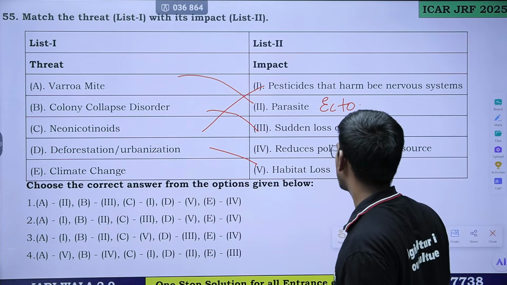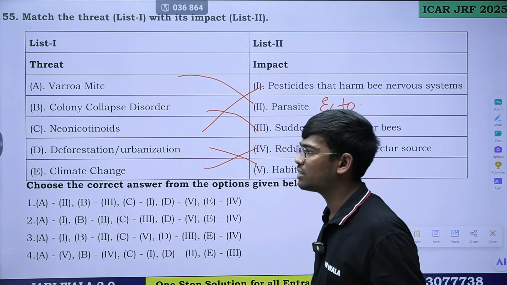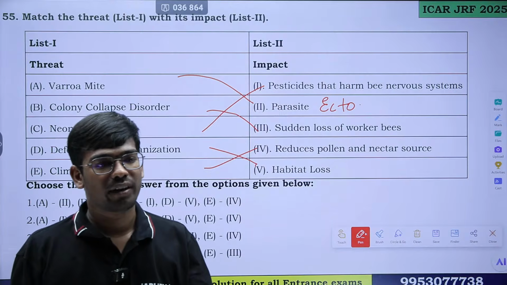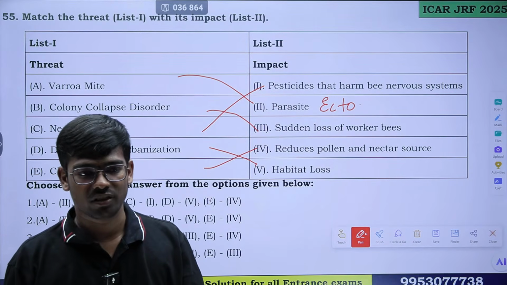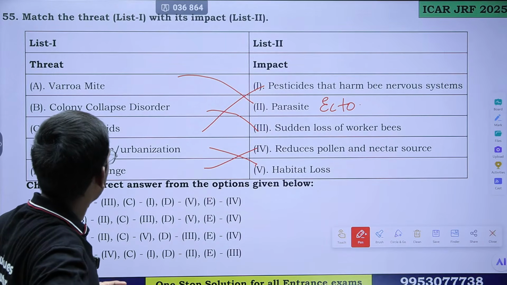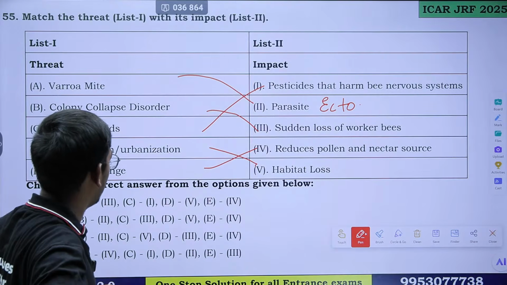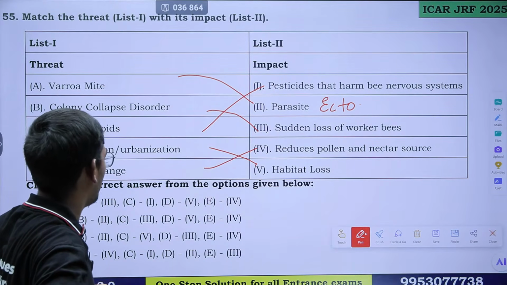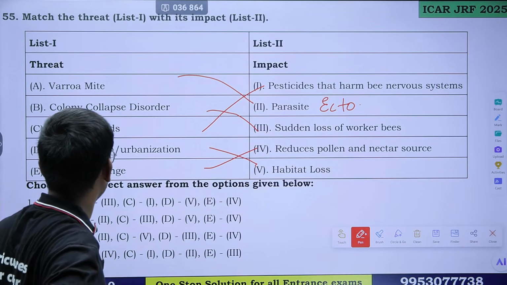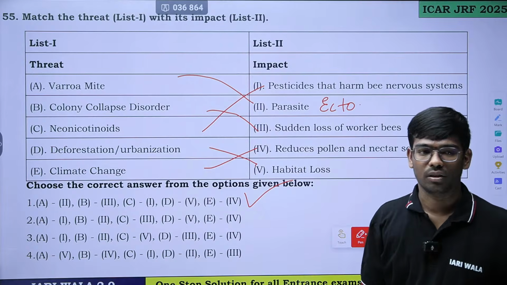And climate change causes reduced pollen and nectar source, because some of the plants may not survive. So A goes to 2, B goes to 3, C to 1, D to 5 and E to 4. So the first one is the correct option.